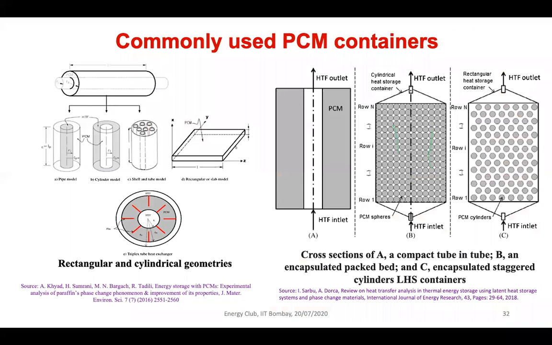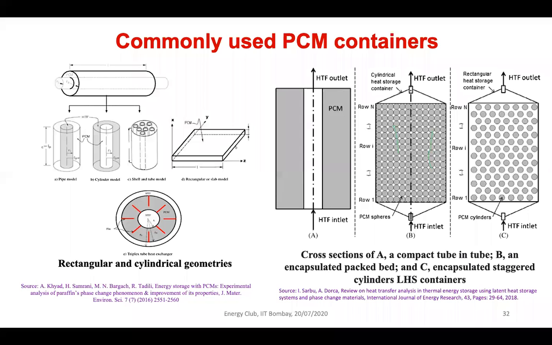Now, where should I put this phase change material? Different types of containers are used in this type of thermal energy storage, and this is where the research starts. I have given only the main container geometries.